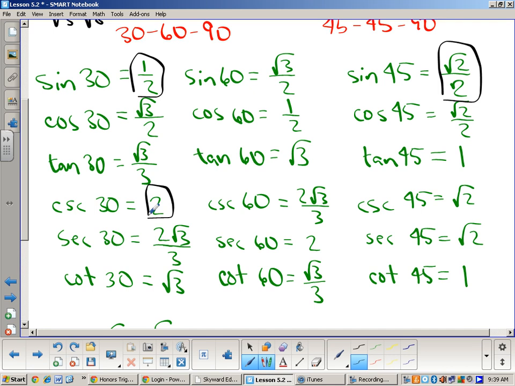Sine of 60 is square root of 3 over 2, so cosecant 60 is going to be 2 over square root of 3. And when I rationalize that, I get 2 square root of 3 over 3. Cosecant 45 is square root of 2 over 1 because sine of 45 was 1 over square root of 2. So all of these are the reciprocals of all of these.